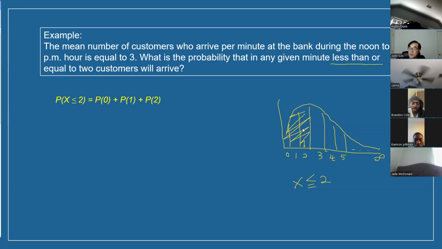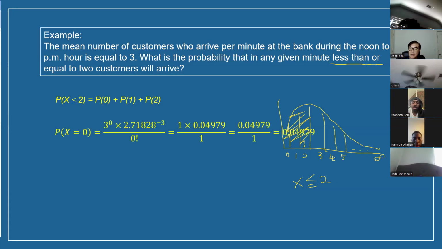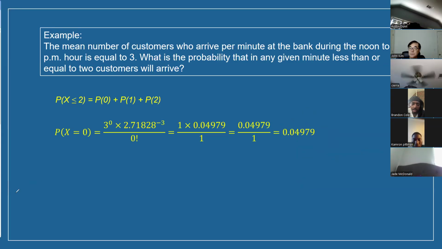So we need 3 single probabilities, and we can use the formula. P(X = 0) is mu to the power 0, times e to the power minus 3, divided by 0 factorial.